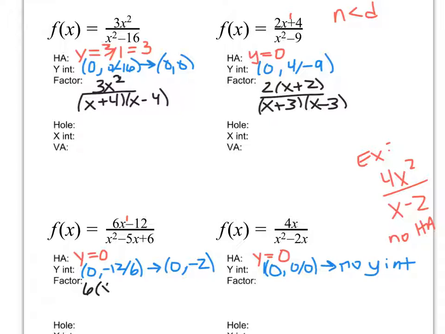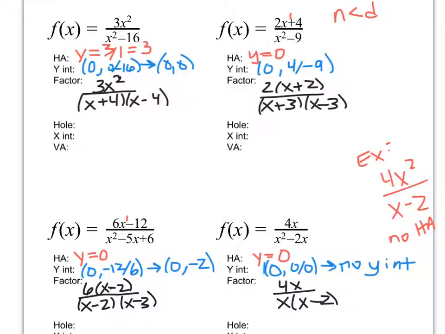Six times x minus 2 over x minus 2, x minus 3. And 4x over x times x minus 2.